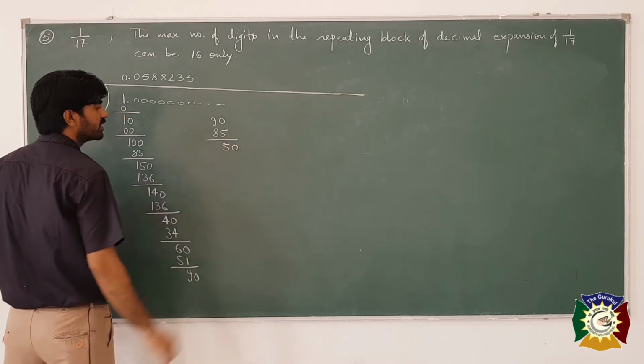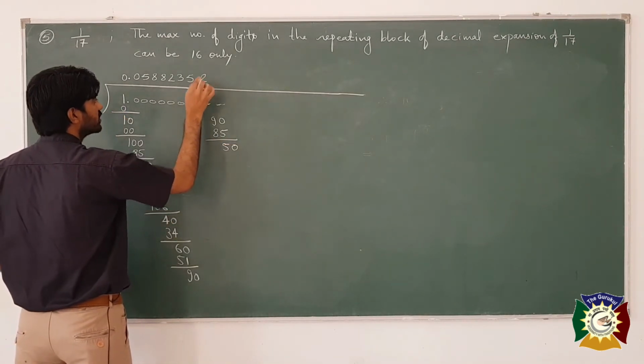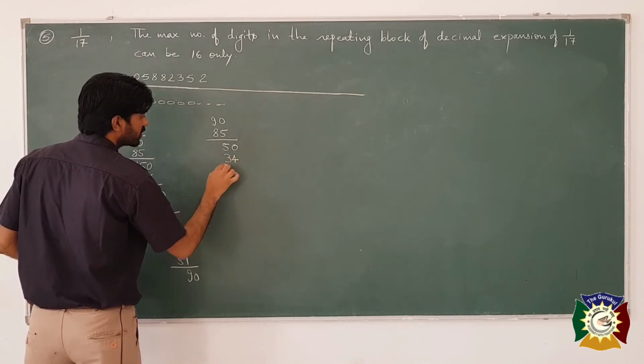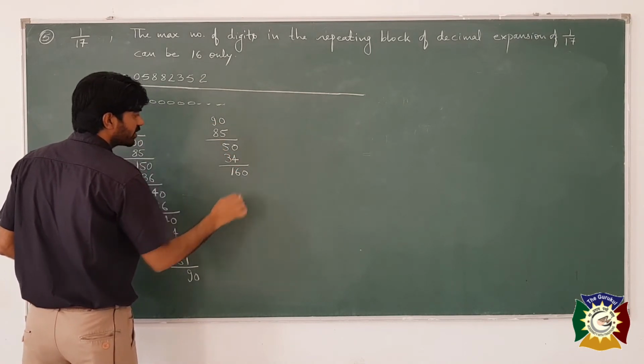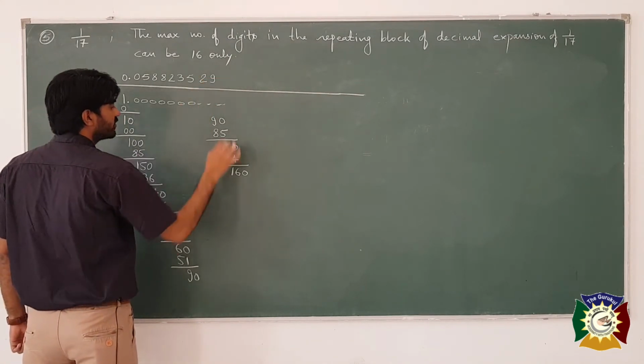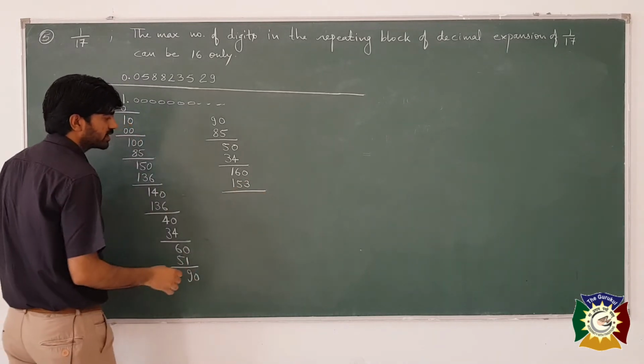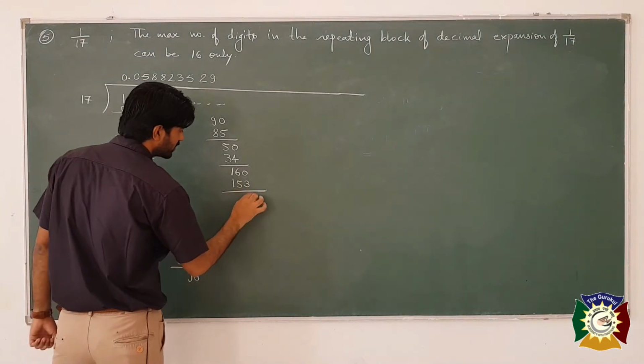Then 5. It becomes 50. 17 twos are 34. 16. It becomes 160. Then 17 nines are 153. Now I get the remainder as 7.